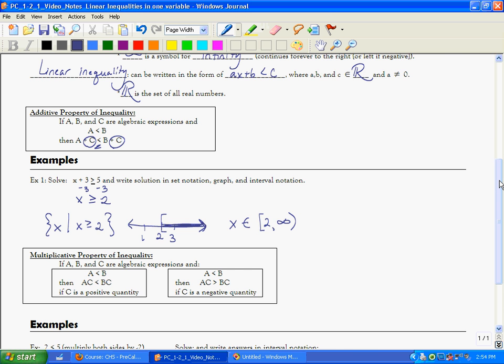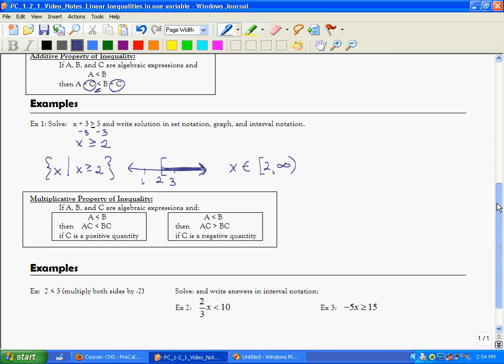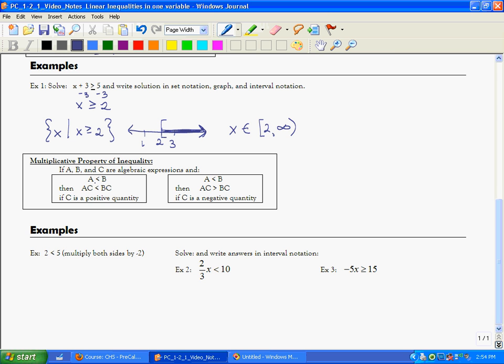Second property is the multiplicative property of inequalities. That's where you can take an inequality like a is less than b, and you can multiply something to both sides. If it's positive, that inequality will stay the same. If this c that you multiply to both sides is negative, this inequality flips.